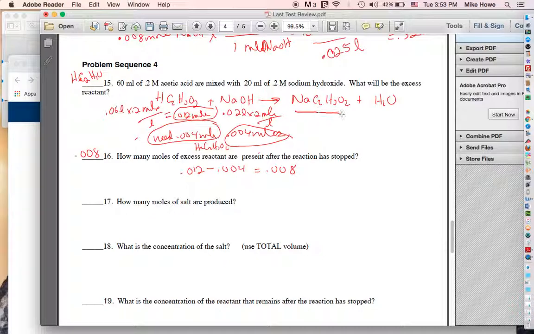Now this is the salt that's produced. There's also a 1-to-1 ratio with the limiting reactant. The limiting reactant was sodium hydroxide. So since it's a 1-to-1, there'd be 0.004 moles of salt produced.